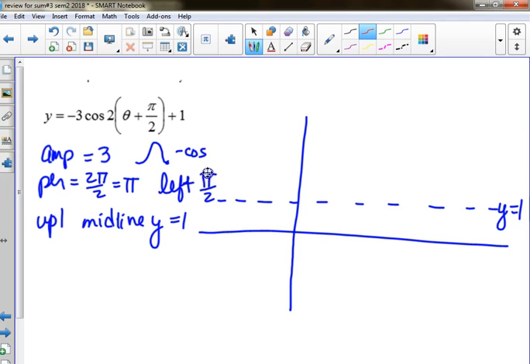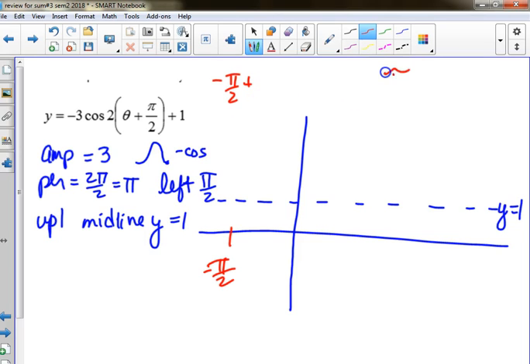Okay. If it starts to the left, pi over 2, and it finishes pi later, where does it finish by? Negative pi over 2. Well, just do the quarter points if you want.